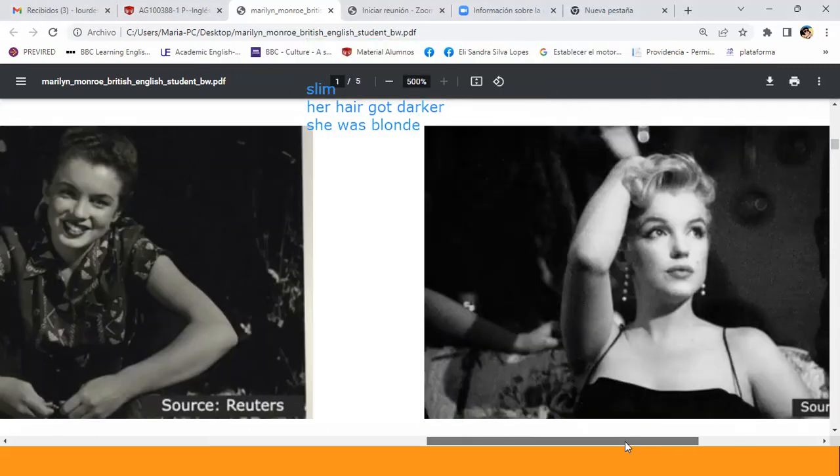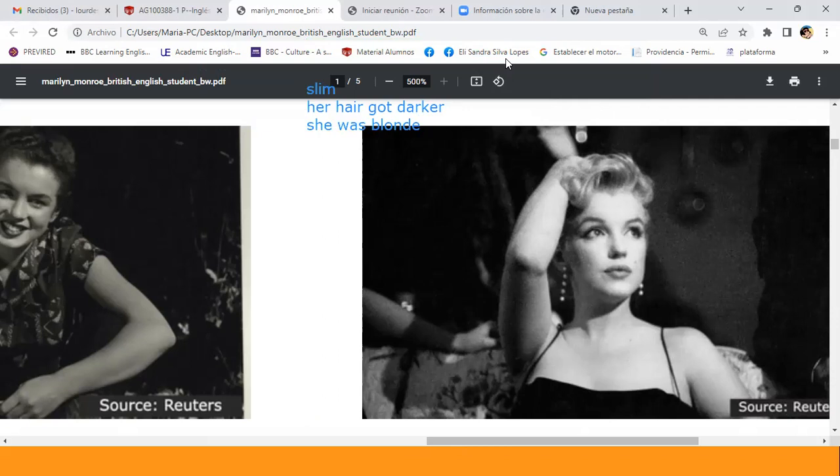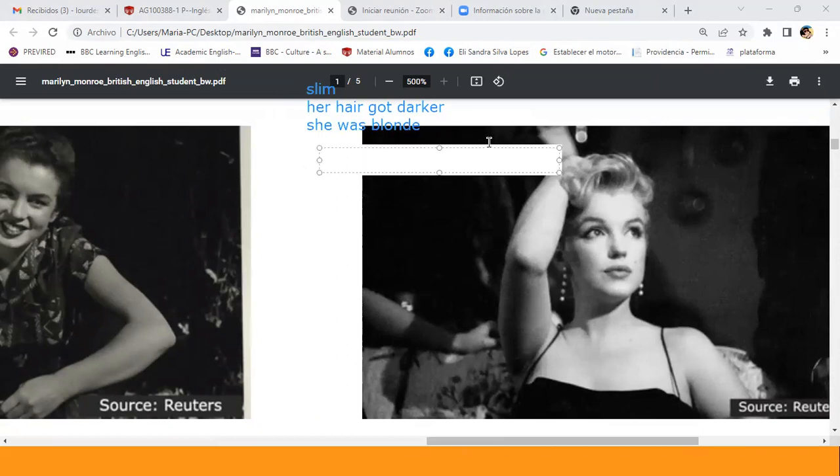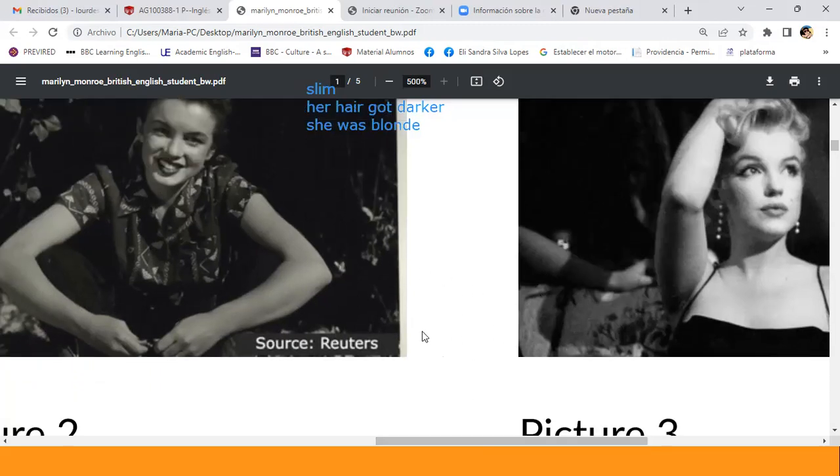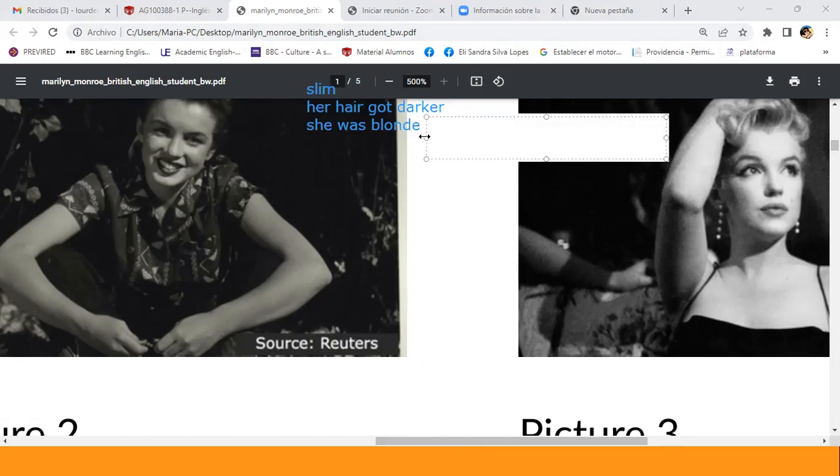And what about the third picture? If you compare with this picture, what changes can you see? If you compare these 2 pictures, can you see any difference between both pictures? She dressed differently.